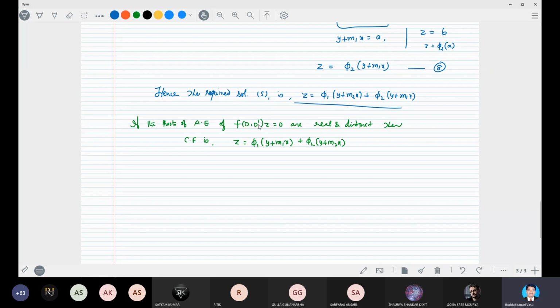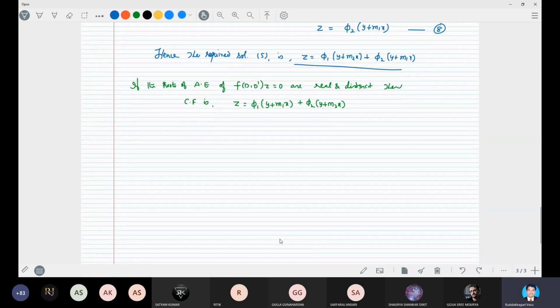If the given equation is a homogeneous linear PDE of order 2, then only two functions will appear. If it is of order 3, there will be 3 linear factors, which account for 3 individual functions, phi 1 plus phi 2 plus phi 3, for distinct roots. Later we will summarize that.